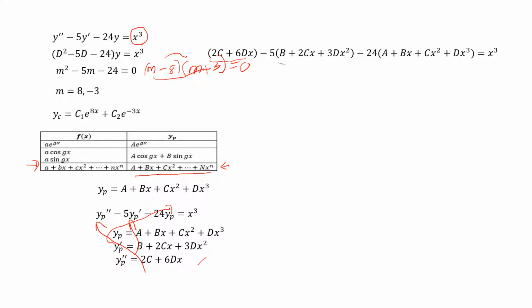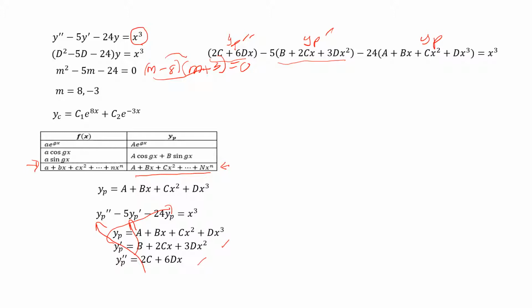This is our yp prime, which is b plus 2cx plus 3dx squared. And this is our yp. So you will have to get the values of a, b, c, and d.